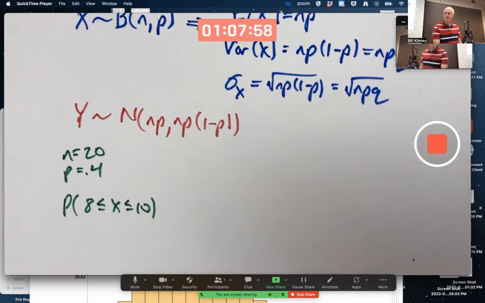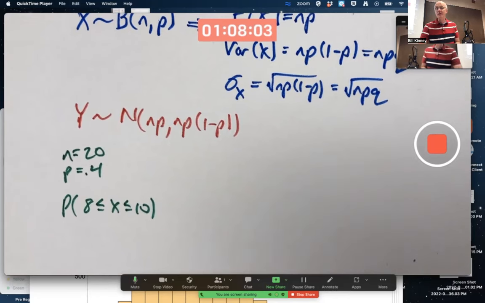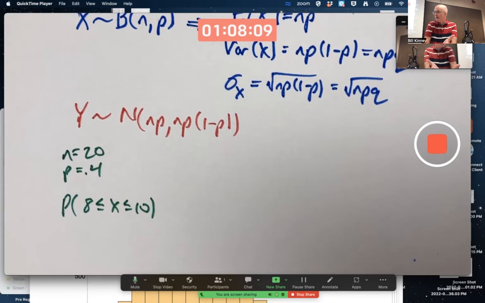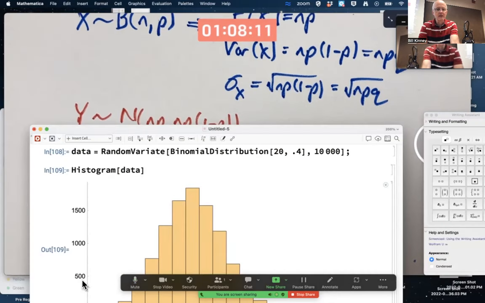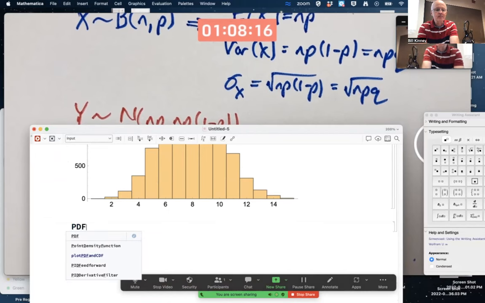What is that probability? According to a binomial distribution involving n choose x, I could figure out the exact answer according to the binomial distribution. Now let's do it with PDF.